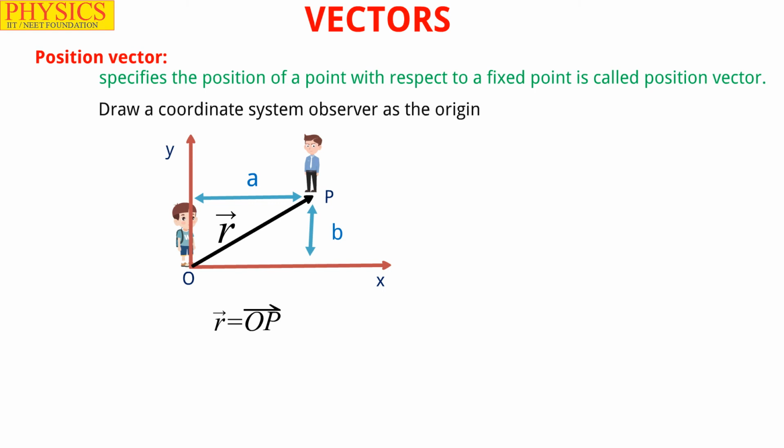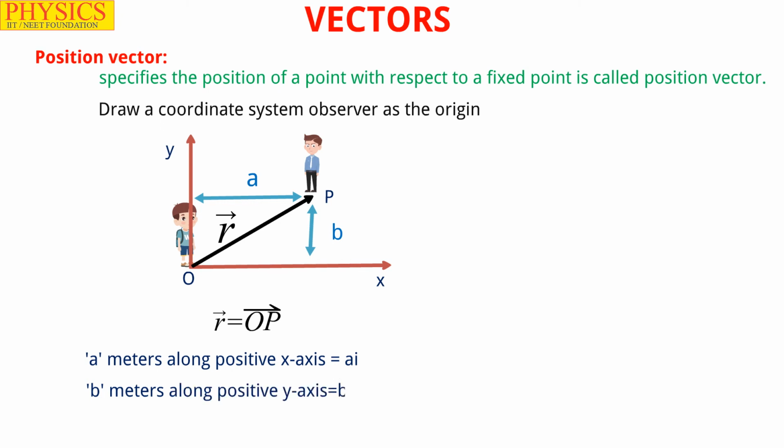Now, a meters along positive x-axis can be written as a i cap, and b meters along positive y-axis can be written as b j cap. Therefore, r bar is equal to a i cap plus b j cap meters. This is the position vector of OP. Understood? In this way, one can write the position vector of any point.